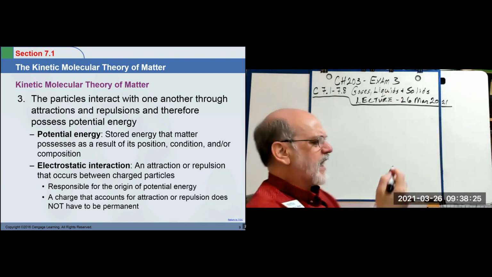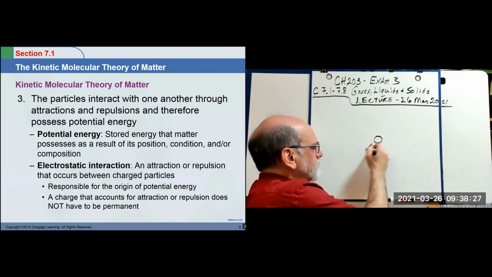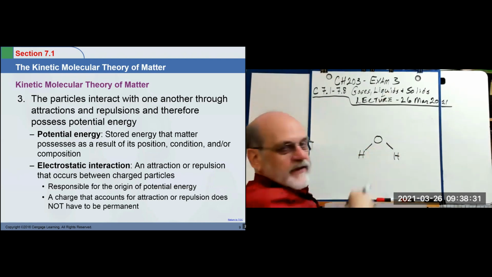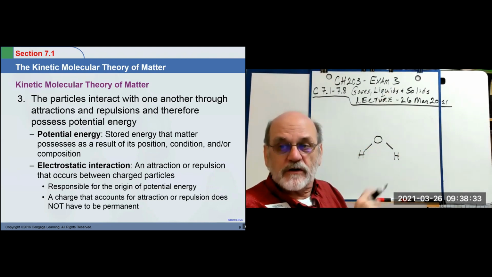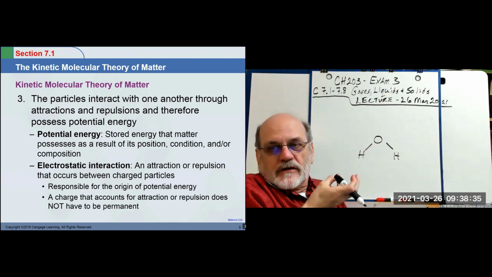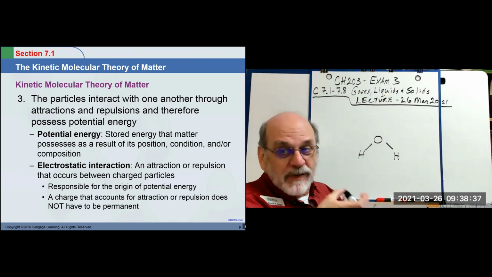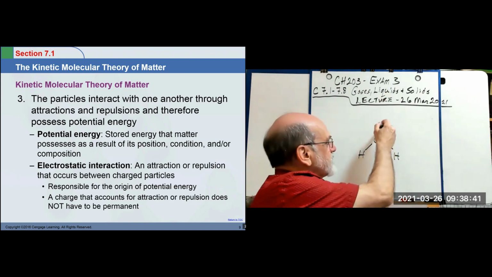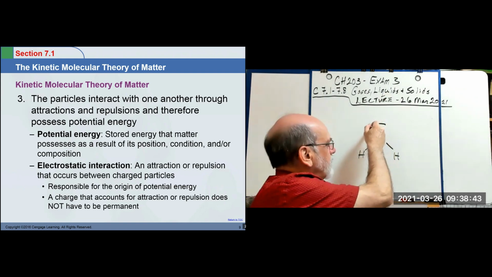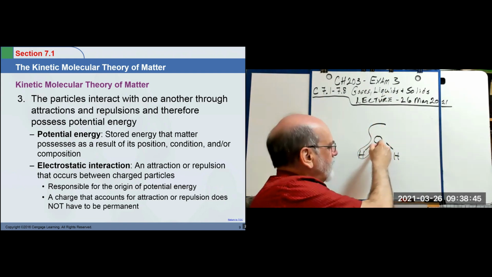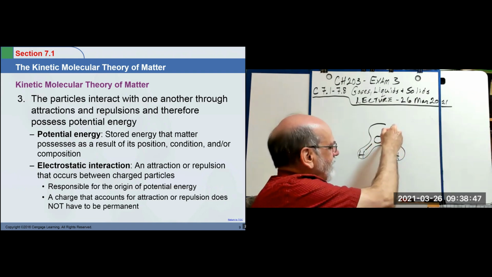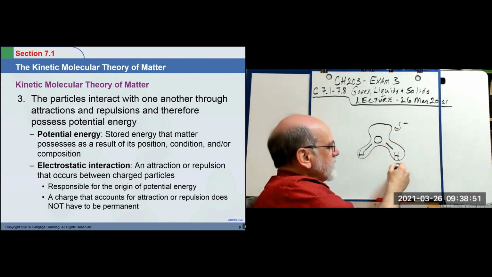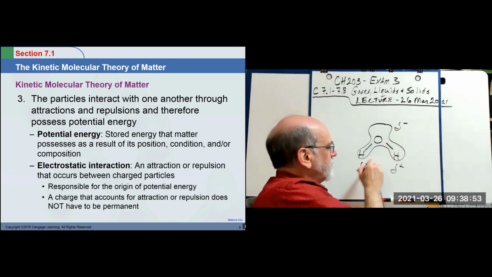Water is a perfect example. Right? These bonds are polar. That is, oxygen pulls electrons closer to itself, but it doesn't completely remove them from the hydrogen. So it tends to give you an electron density like that. So you have negatives on this side, positives on this side, right?